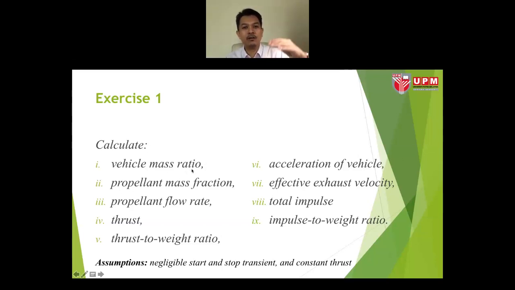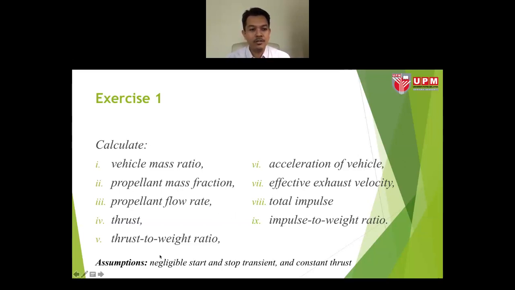It is step by step. It starts with the vehicle mass ratio, then you can calculate the propellant mass, until the final one, impulse to weight ratio. And normally we have to make assumptions.